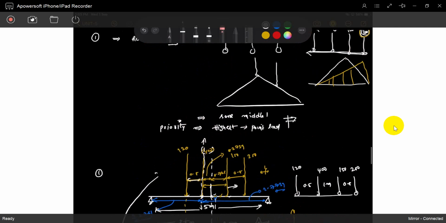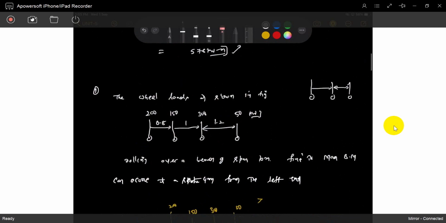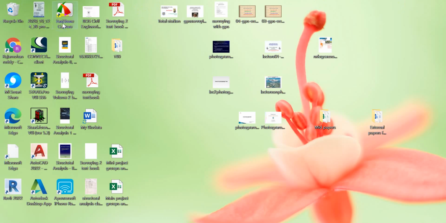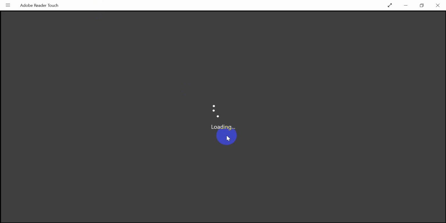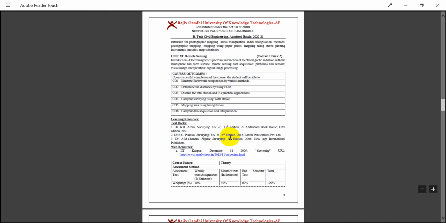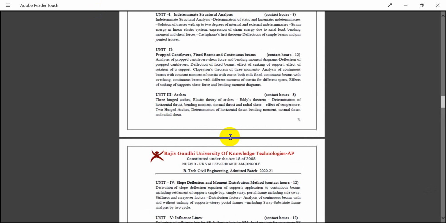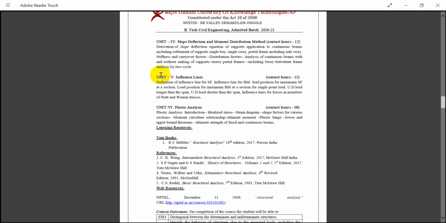This is a very good topic for GATE, but if you see the syllabus, I will show the syllabus once again. There is no mention of it in the syllabus. See the syllabus, you can observe it. Definition of influence line: an influence line for shear force, influence line for bending moment.